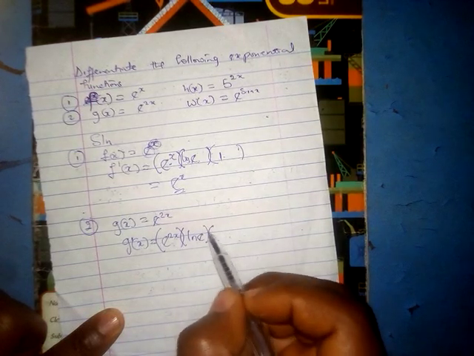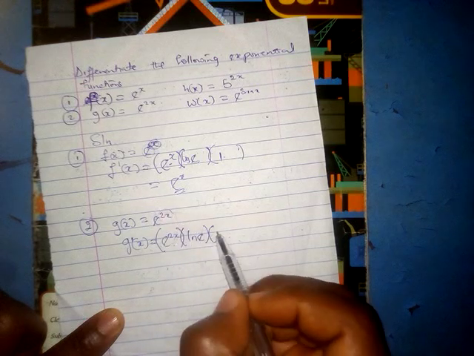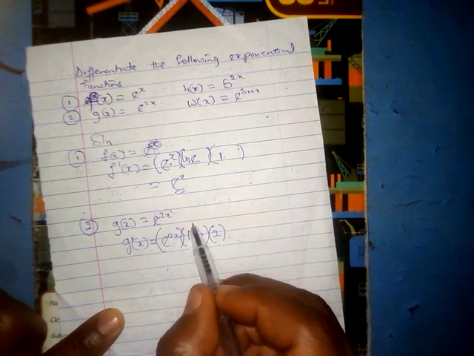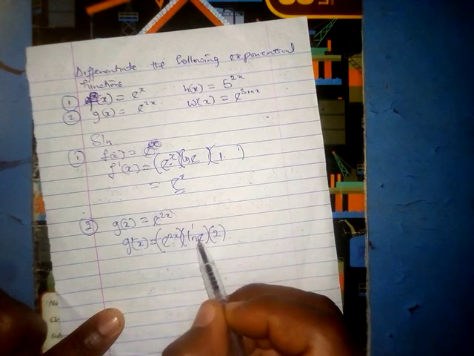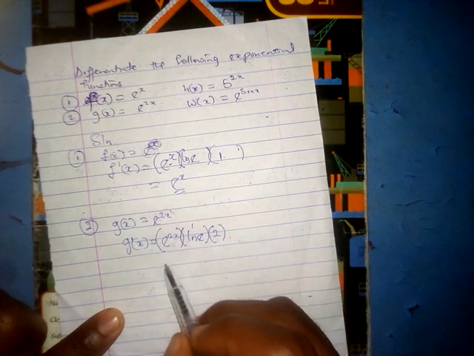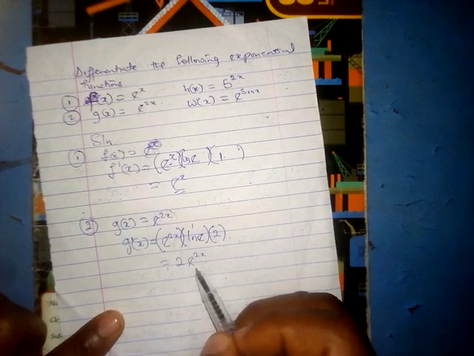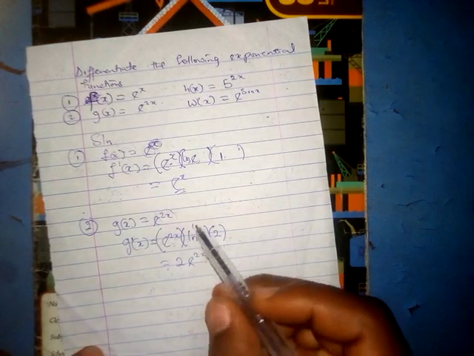If you differentiate 2x, you have 2. Now ln e is always 1, so 2 times 1 is 2, and g prime of x is equal to 2 e to the 2x. So this is just a three-step way of differentiating an exponential function.